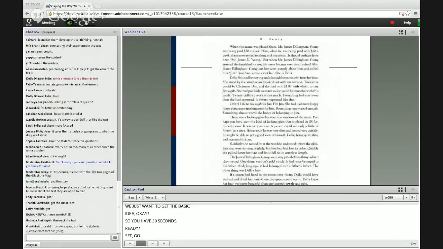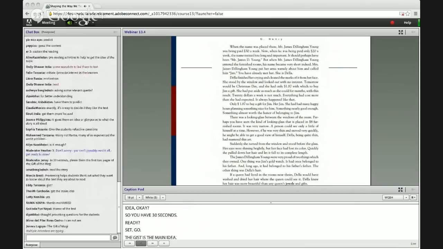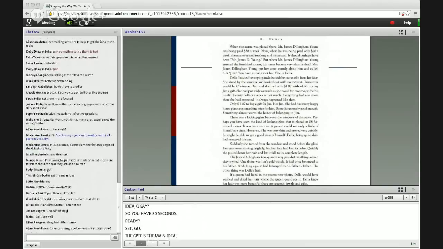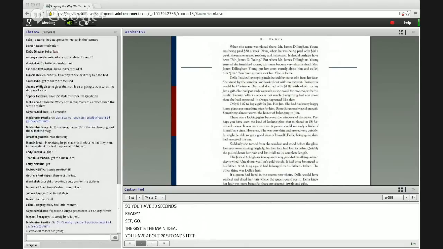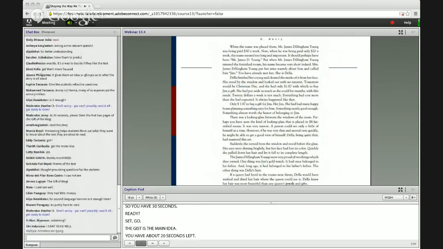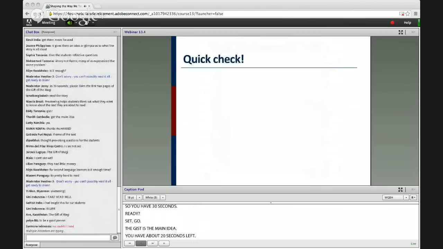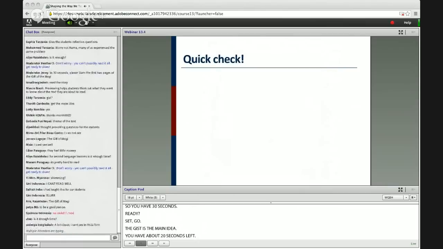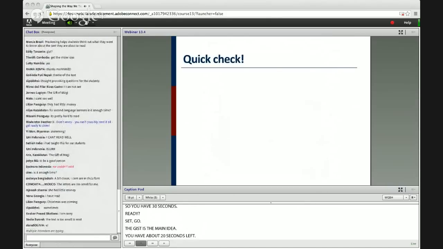Okay, you have about 20 seconds left. Okay, now don't worry, I know that not everybody was able to read everything, and I'm sorry that the font was maybe too small.